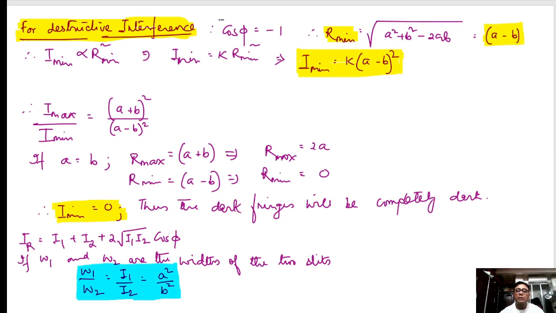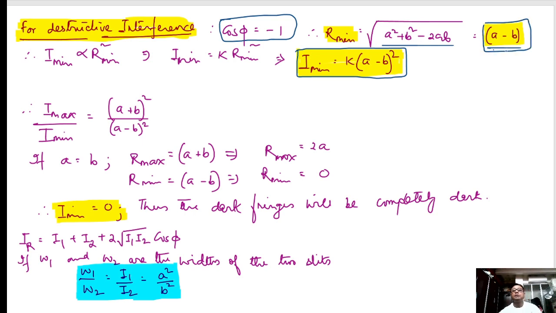So the resultant amplitude will become a minus b, and the intensity will become k into a minus b whole square. For constructive it was a plus b, for destructive it is a minus b, and for destructive interference the intensity is k into a minus b whole square.